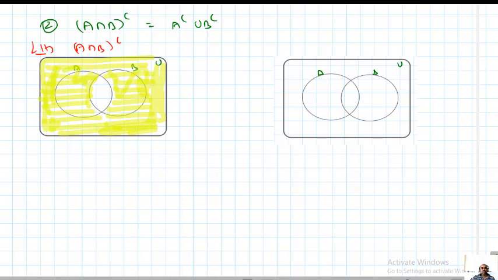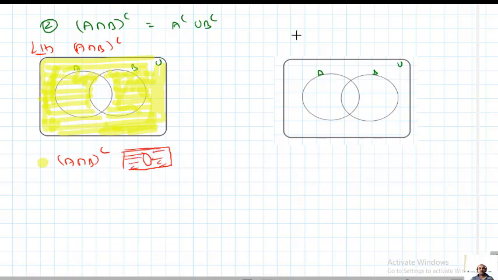I will write down: this color is meant for (A intersection B) whole complement. Now I want to write the area. What area is it representing? Except this, everything.